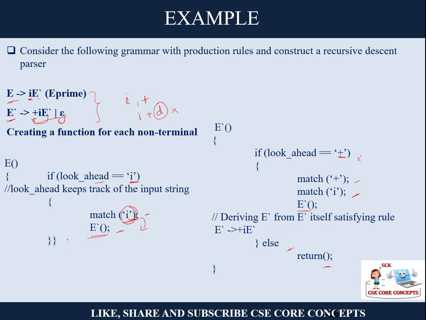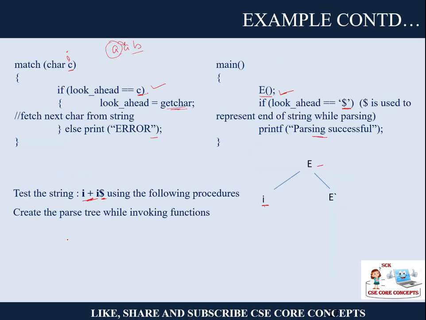So here in the parse tree from E function, you first matched I and then you are giving a call to E prime. So let us now see what the E prime function does.